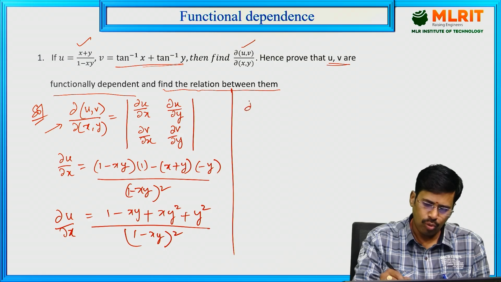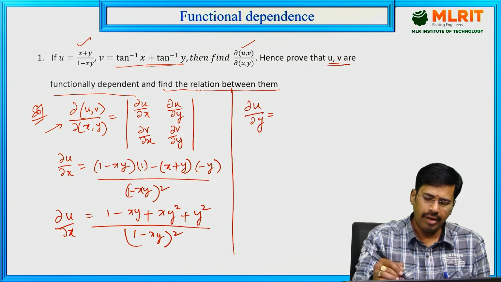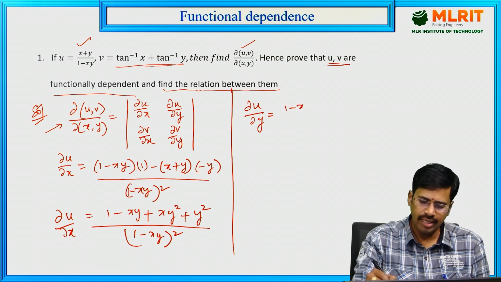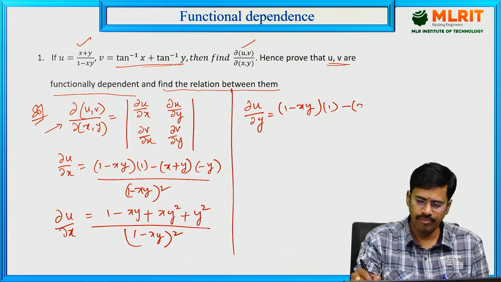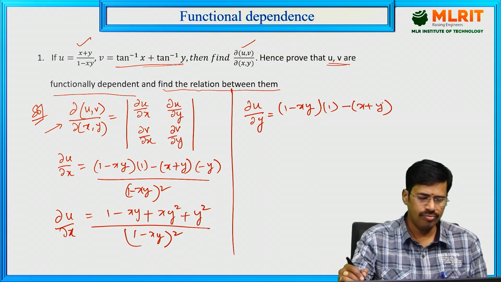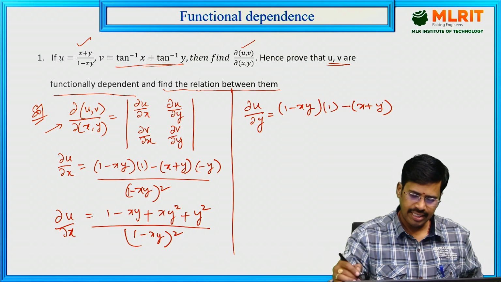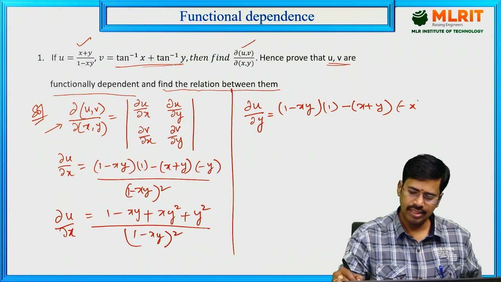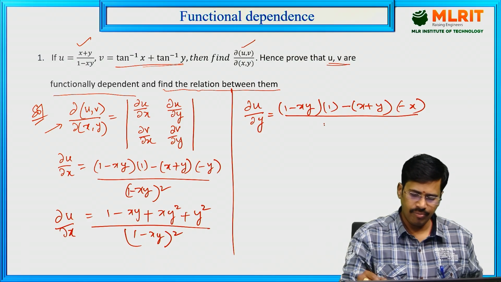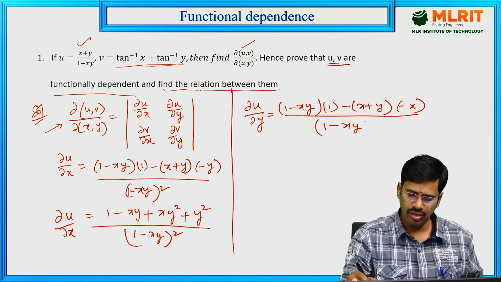Next, coming to dou u by dou y. Again apply the u by v rule. (1 minus xy) into the derivative of x plus y with respect to y, which is 1, minus (x plus y) into the derivative of 1 minus xy, that is minus x, divided by (1 minus xy) whole square.